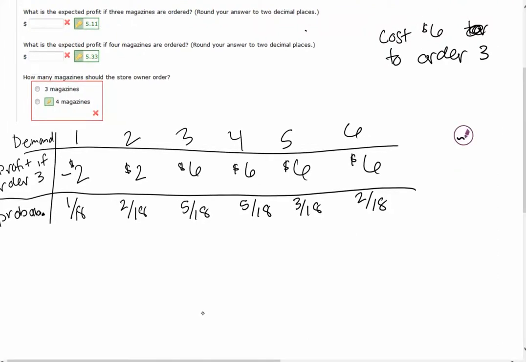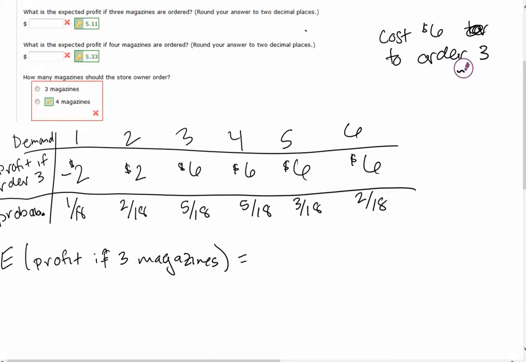So the actual expected value, or the expected profit, if ordered 3 magazines. The way that I'm going to find this is I use the formula for expected value for discrete random variables, and we just take each possible value and times by its probability. So the first possible value is the negative $2 for profit times its probability of 1 out of 18.